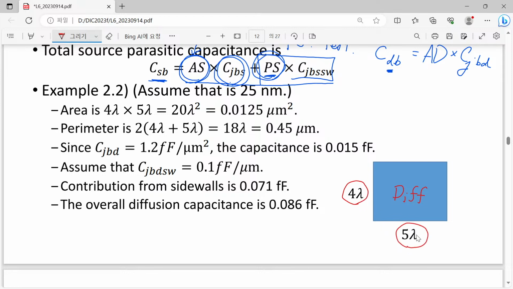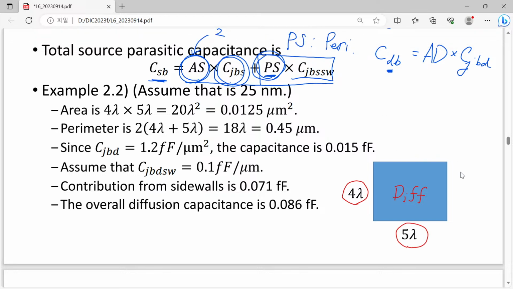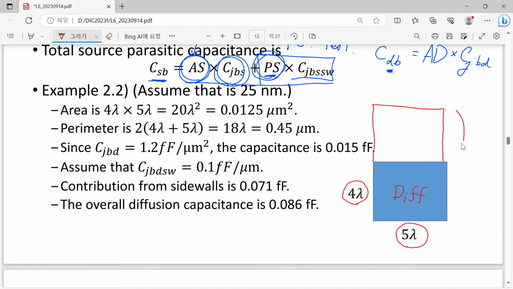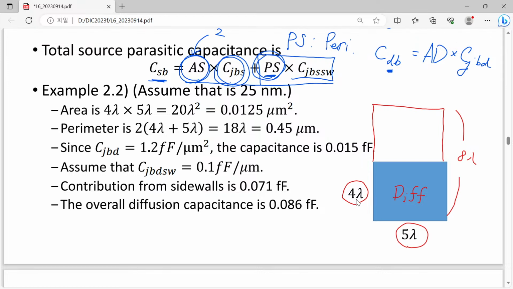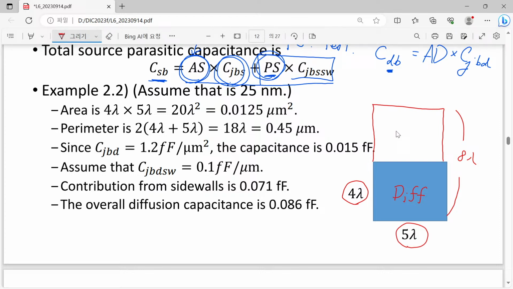Then maybe you can expect, if I just increase it double, like 8 lambda, then what will happen? What we can easily expect is, compared with this 4 lambda times 5 lambda, now we have doubled area.